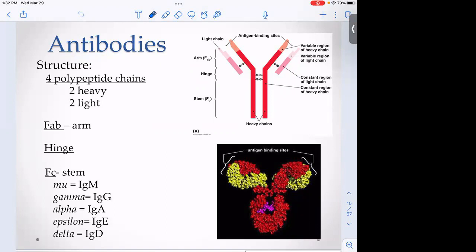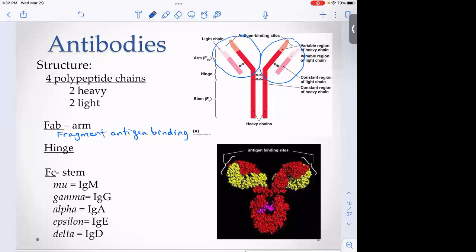So you end up with these two, what we call Fab, which stands for fragment of antigen binding. Those two arms are the Fab fragments of the antibody.